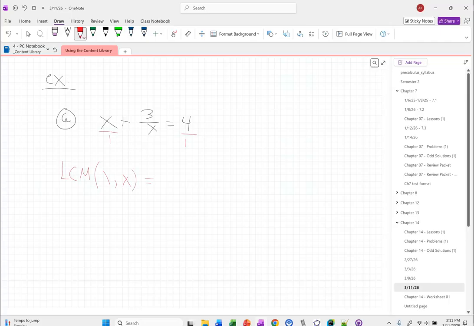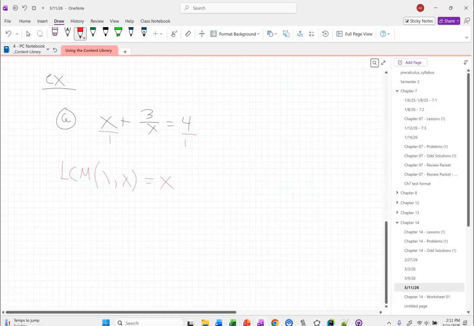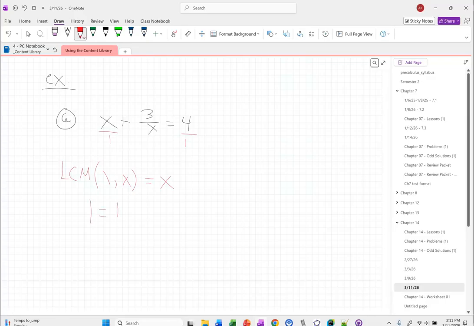What's the least common multiple of 1 and x? X. So why is it x? If I do a prime factorization of 1, that's 1.